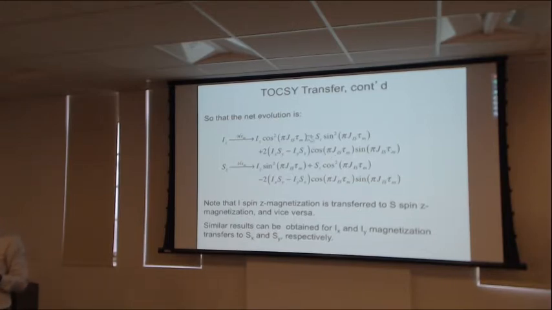And if we don't have anything here, IX magnetization, for example, we can think of it as IX magnetization times the identity operator, and the identity operator is S alpha plus S beta, and the two components have the same sign. So these are in-phase absorptive doublets for both the diagonal and the cross peaks.